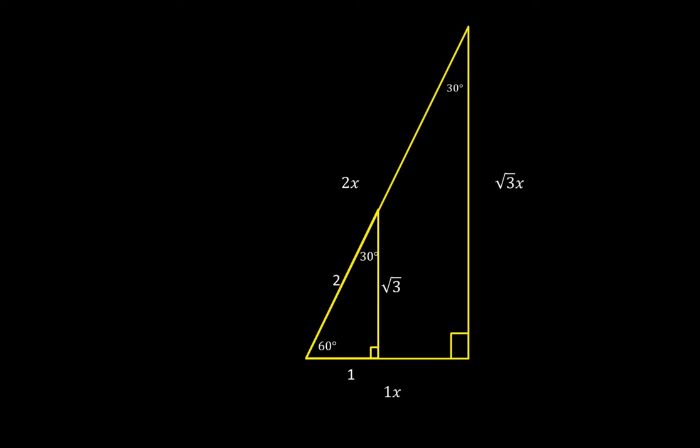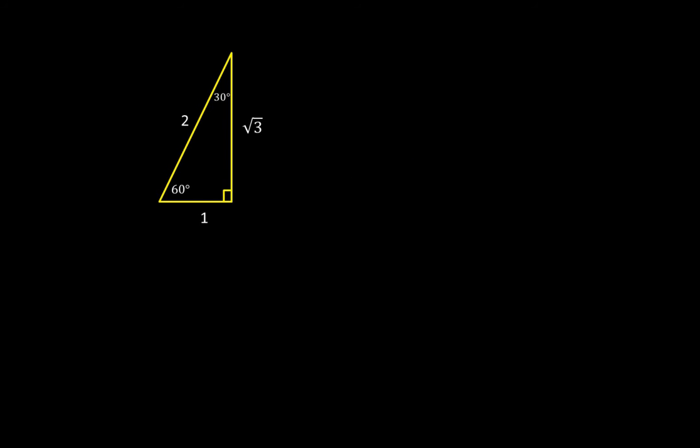So instead of 2, if the side becomes 2x and the base is 1x, you will find that the height is root 3x. Since we're dealing with ratios, it doesn't matter whether you take a general triangle or a small triangle. So here's a small triangle, and our objective is to find the different values of sine, cos, and tan for 60 degrees and 30 degrees.